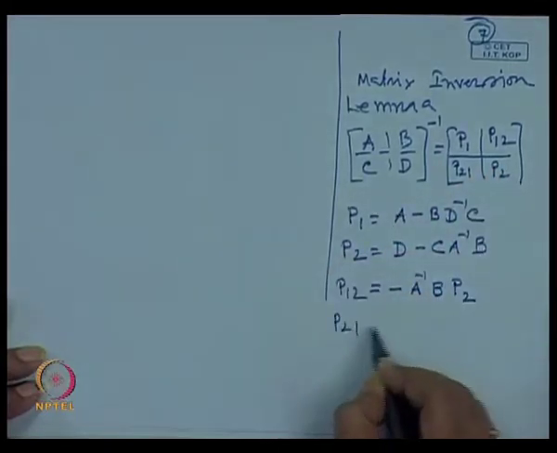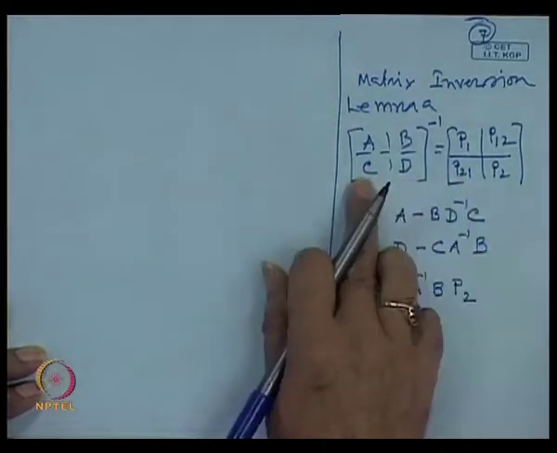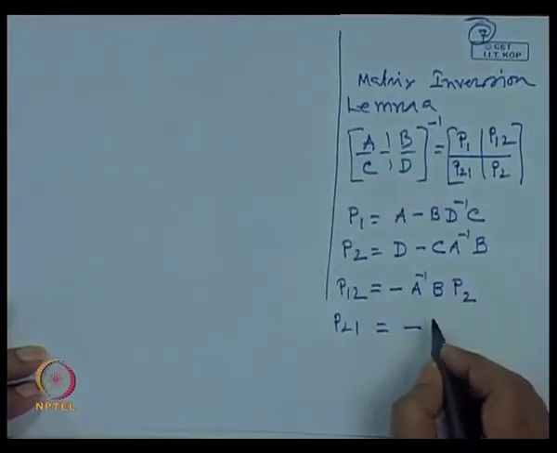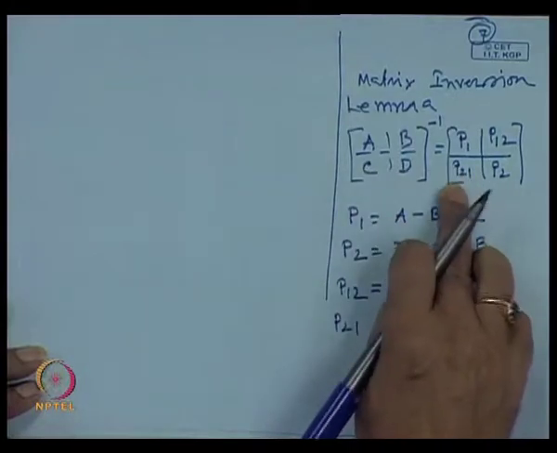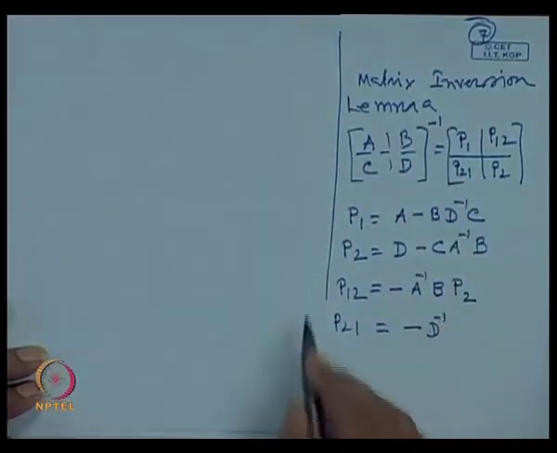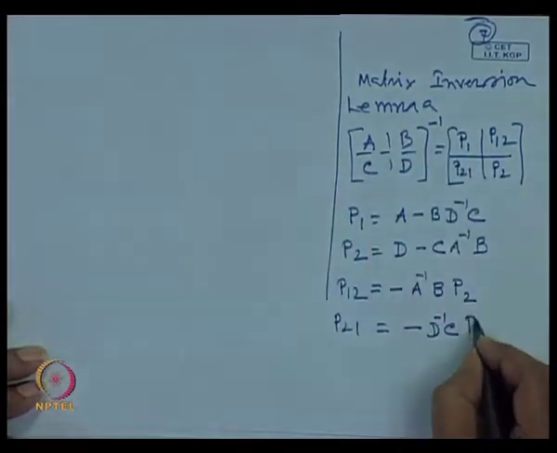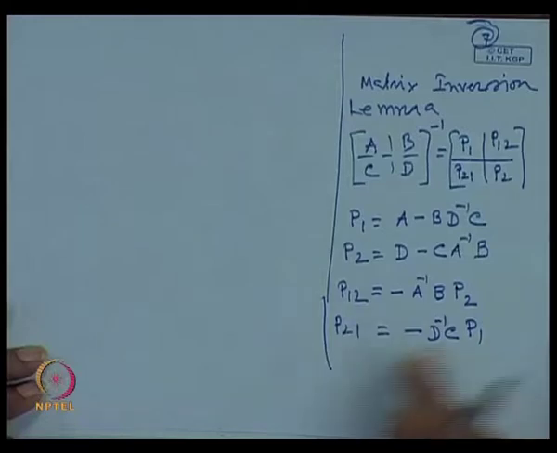Then P 2 1 is minus D inverse C P 1. So, this is the matrix inversion lemma.